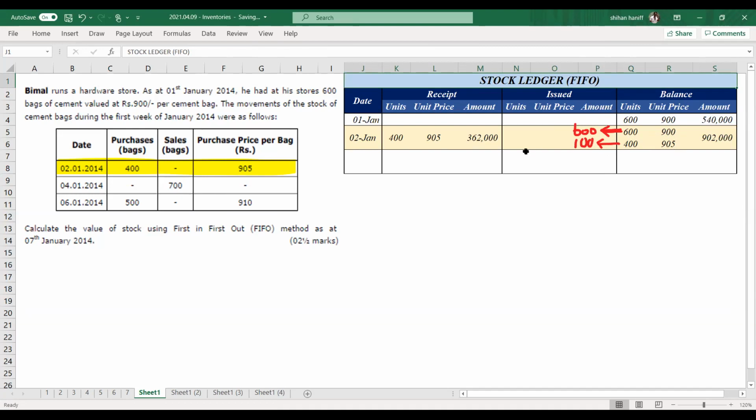So issues will be 600 cement bags issuing at 900. We have to issue at 900. Another 100 bags you have to issue at 905.